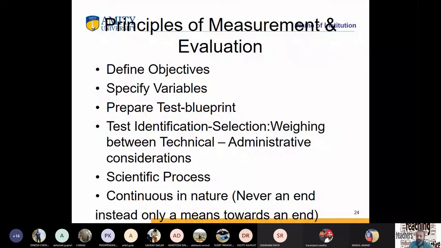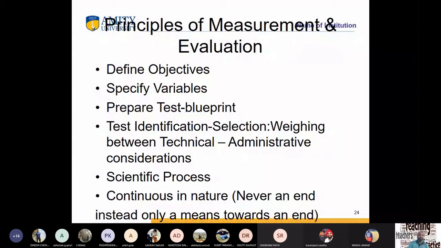Because on one day you had an injury, or you had fever, and you could not give the test or could not perform to the maximum, and you lost the marks; it cannot be done. It has to be a continuous process. That gives fairness, because this is the principle. So this is what you need to understand.